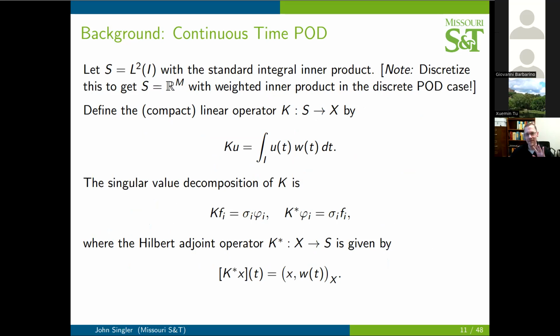And again, if you think back to what we had before in the discrete case, we had a weighted inner product, and that just comes from discretizing the time interval, roughly. I won't spend too much time there. In this case, we have an integral operator for K, and the singular value decomposition works in the same way. We need more theory to handle that one, but I won't deal with that.